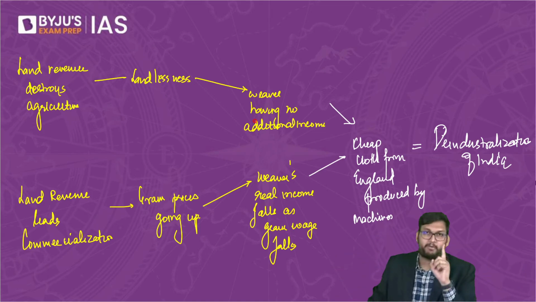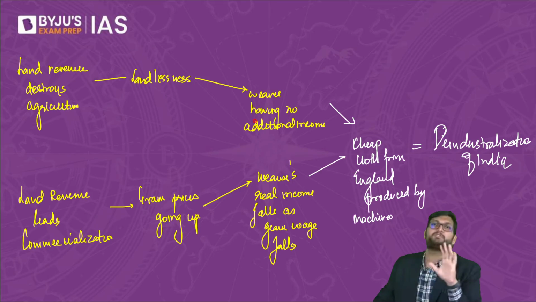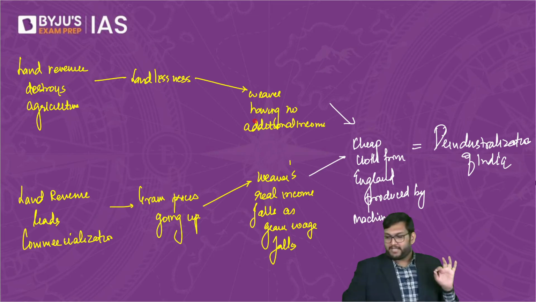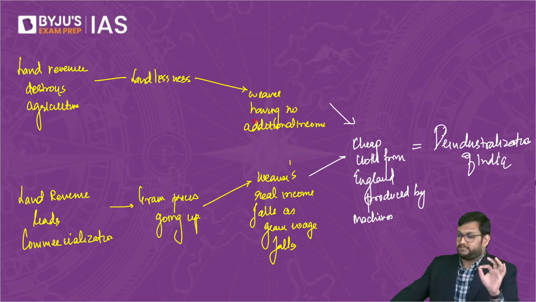One small request to you is, try to explain this to your parents, friend, or anybody who's near you. If you have a pet, to your pet. If your parents can understand how the British destroyed India, then my work is done. Can you do that for me? Can you teach this to someone else? Yes? Goldfish, dog, cat, anybody.